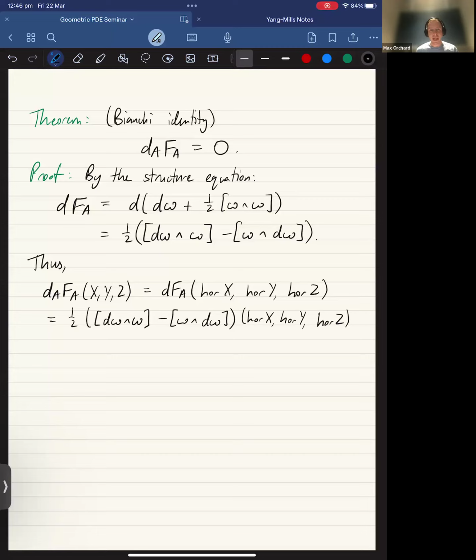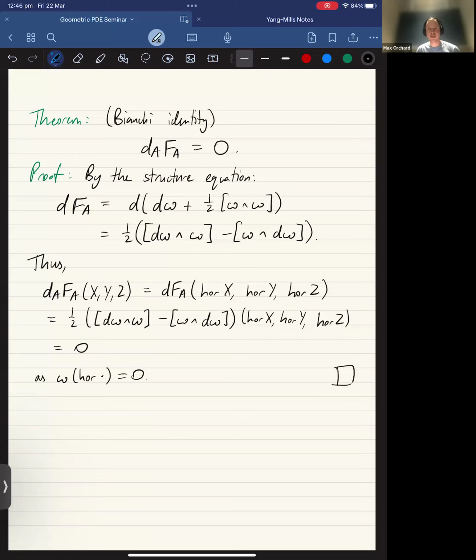But omega sends horizontal vectors to 0. So in both of these wedges, we're going to be having omega of horizontal components. And that makes everything here 0, as omega of anything horizontal is equal to 0. Cool. Now, this is satisfied by every connection and every curvature form.